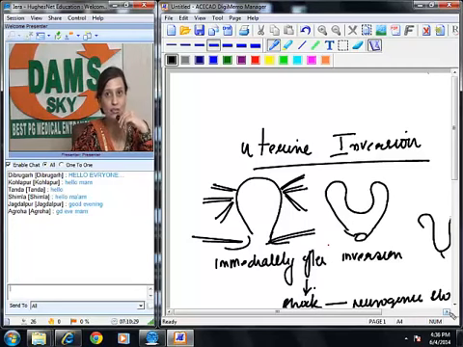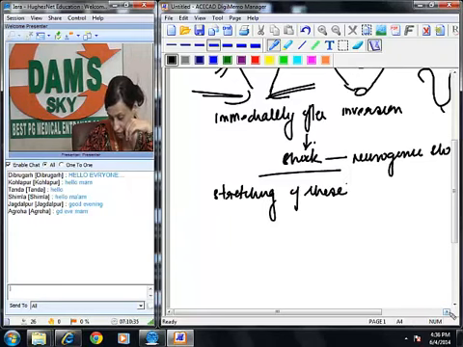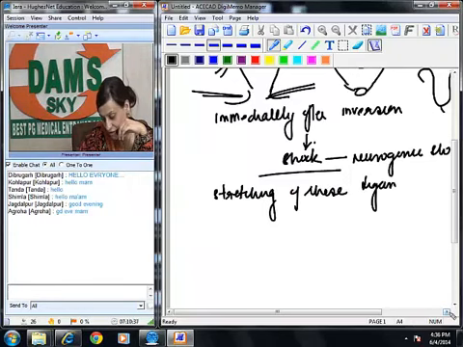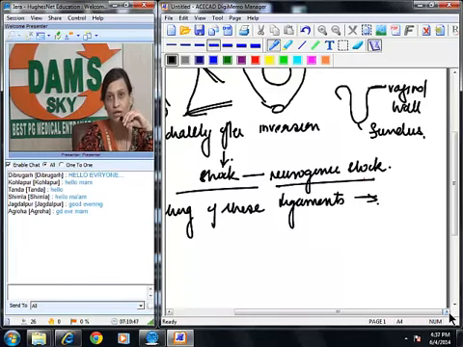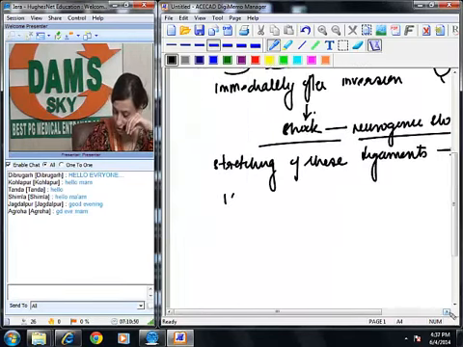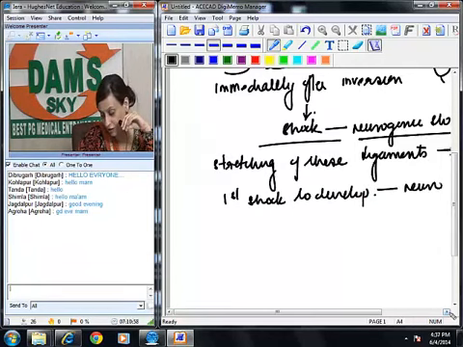Now when there is inversion of the uterus, there is stretching of these ligaments, and the stretching of these ligaments in turn produces a vagal response which causes neurogenic shock. So the first shock to develop in inversion uterus is neurogenic.